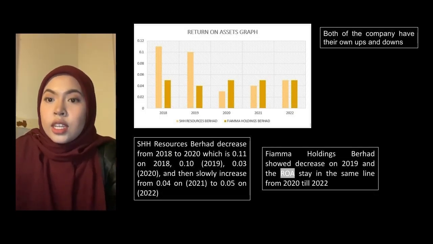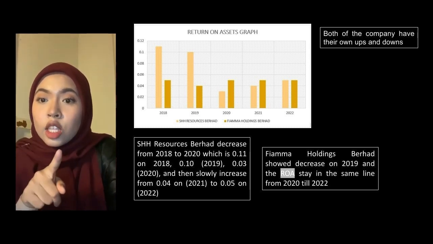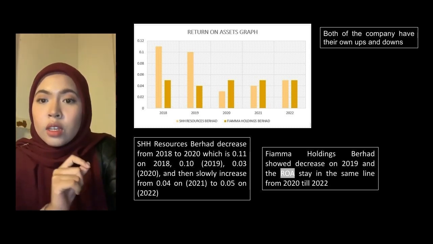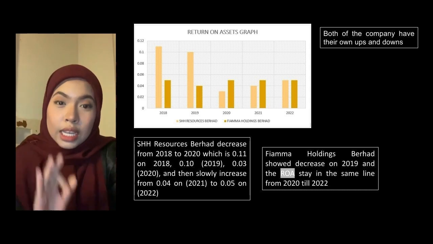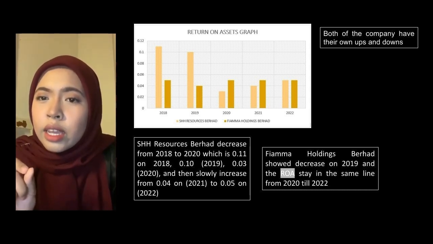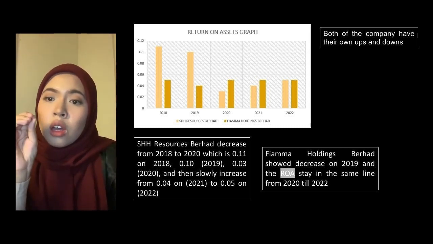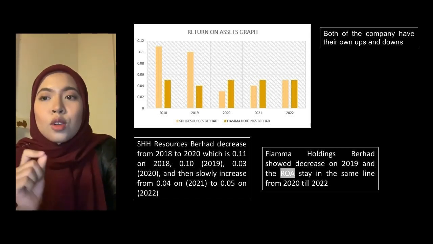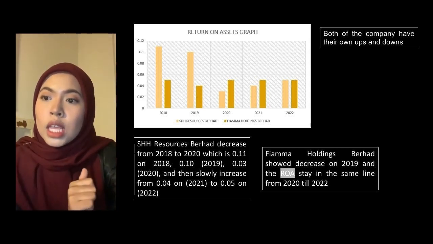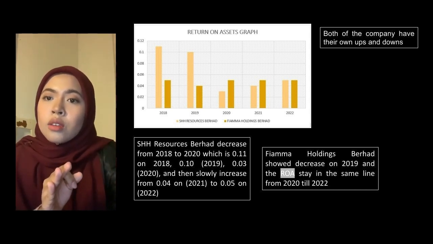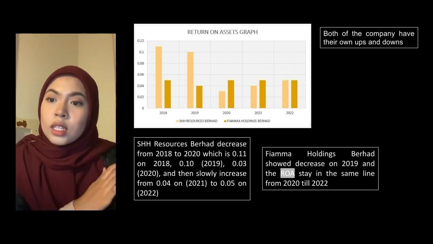In the graph chart analysis, SHH Resources Berhad decreased from 2018 to 2020, which is 0.11 in 2018, 0.10 in 2019, and 0.03% in 2020, and then slowly increased from 0.04 in 2021 to 0.05 in 2022, while Fiamma Holdings Berhad shows a decrease in 2019, and the ROA stays in the same line from 2020 till 2022.